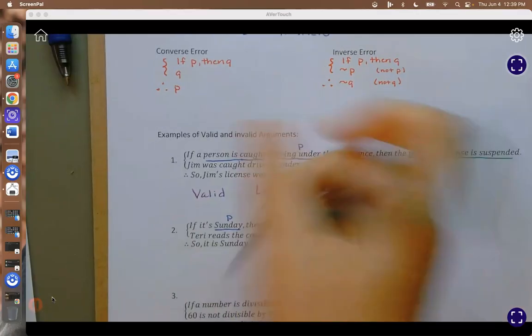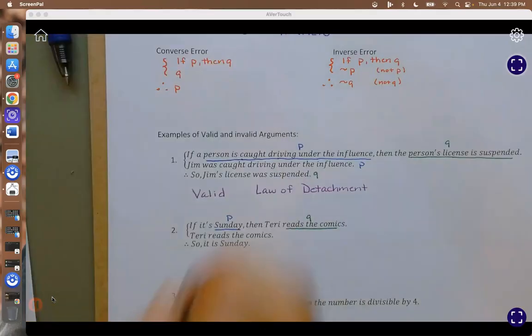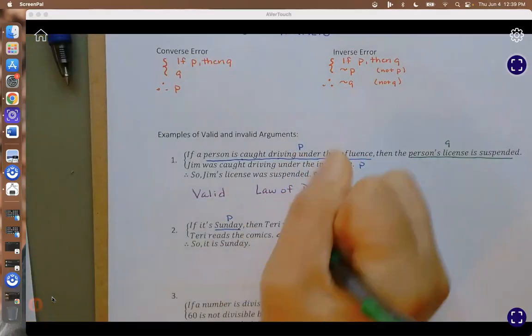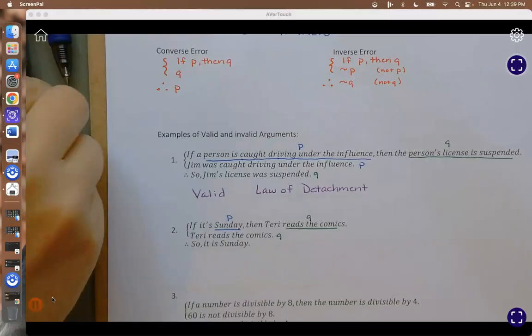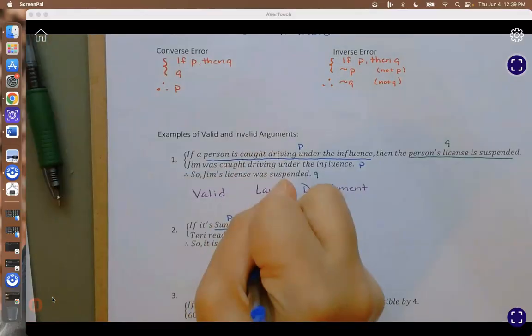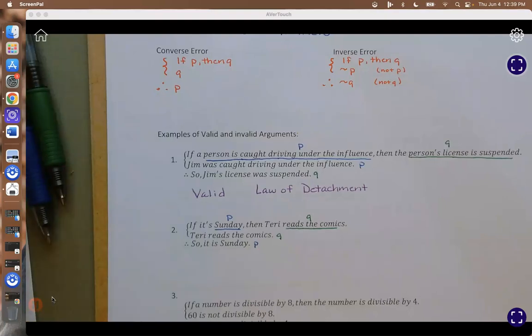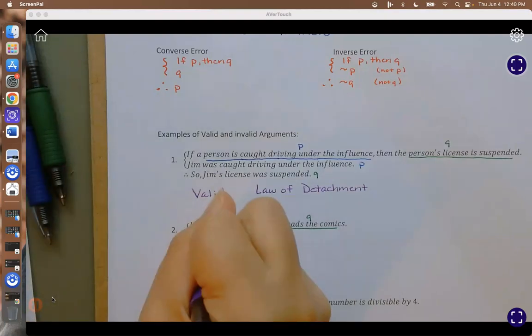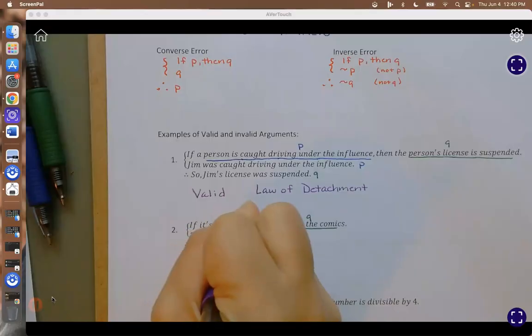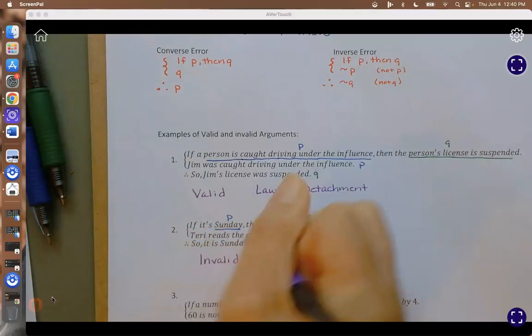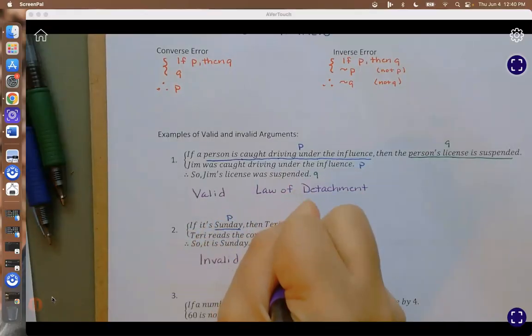That's Q. So Terry reads the comics, so we have Q. So it's Sunday, that's P. So we look, we see that it's invalid, and it's the converse error.